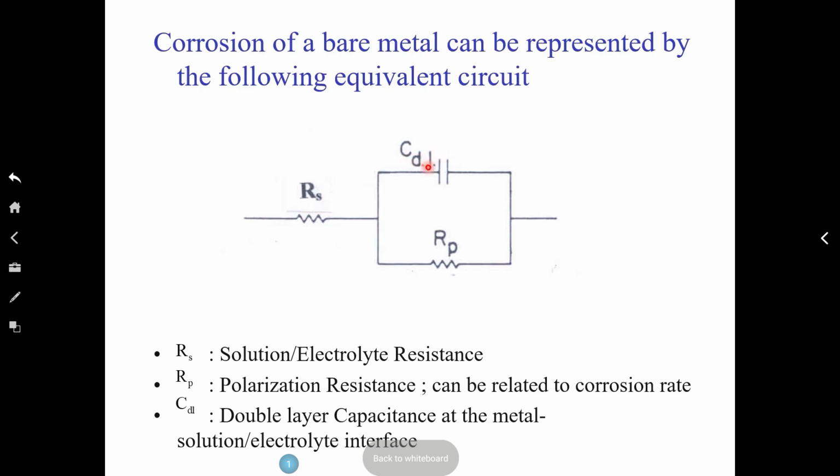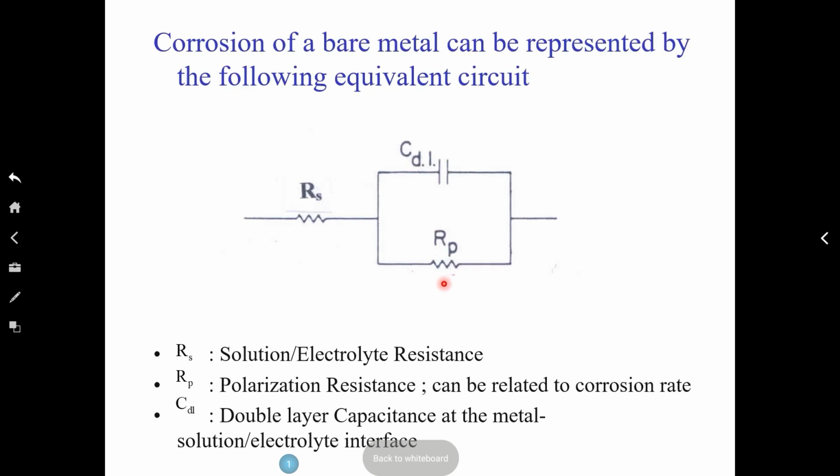This C will represent the so-called double layer capacitance. When you insert a metal in an electrolyte, there will be a charge distribution created at the interface, and that gives you this double layer capacitance. And this RP will be the exchange current, the exchange between the metal and the electrolyte.